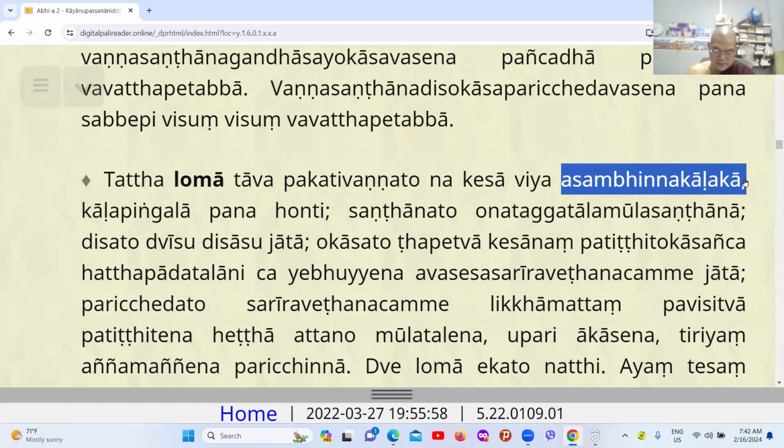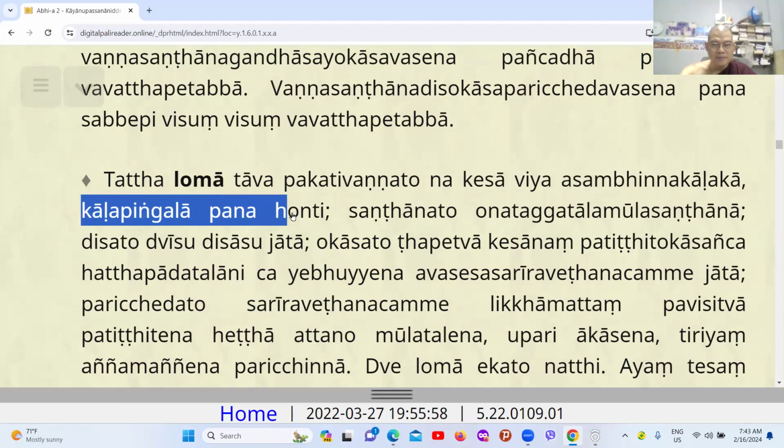Asabena Kalaka: Asabena means not mixing the color, not only one color, not only black. Kesa is not really black.